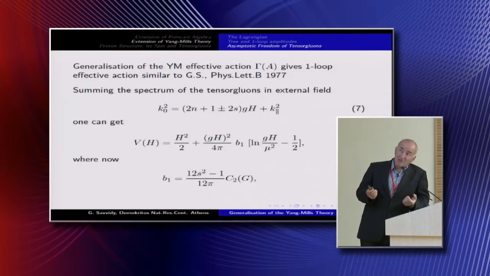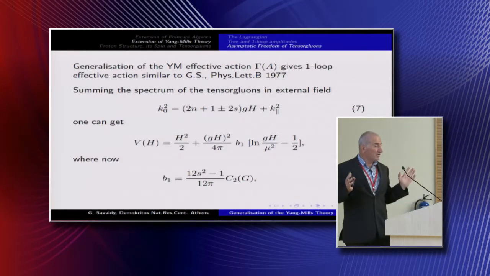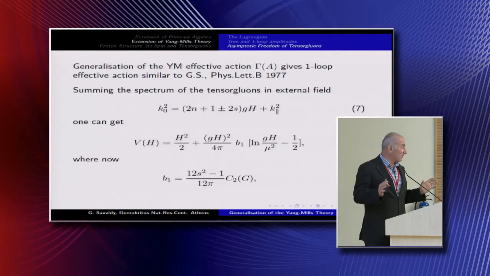But in this case, for higher spin, the spectrum is simply 2 times s. And if you proceed the same way to calculate the effective Lagrangian, you will see that the coefficient in front of the logarithm is equal to (12s squared minus 1) divided by 12 pi squared. So these are two different ways of calculating the beta function.